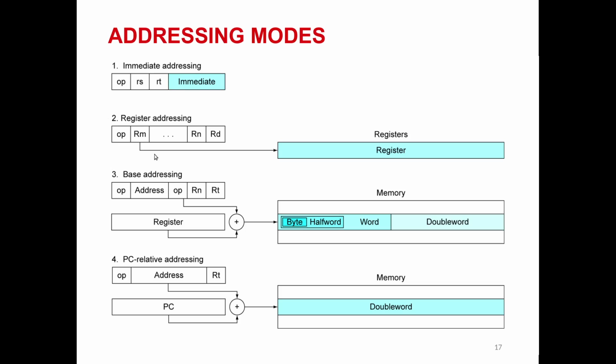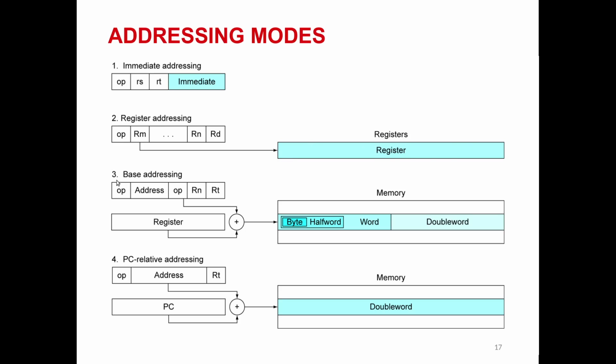The second addressing mode is register addressing, in which a value is given in your instruction, and that value is the number, the name of a register, and the value inside that register will be used. It is called register addressing mode.